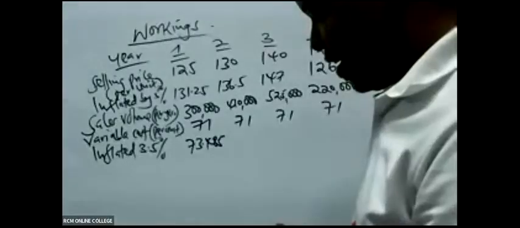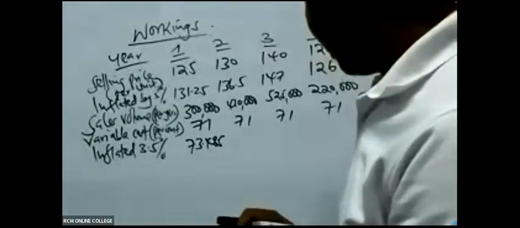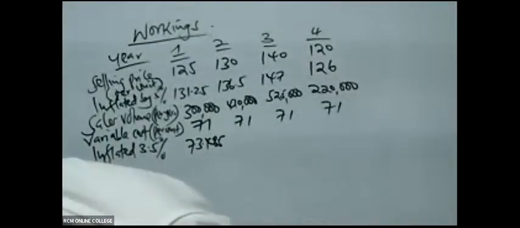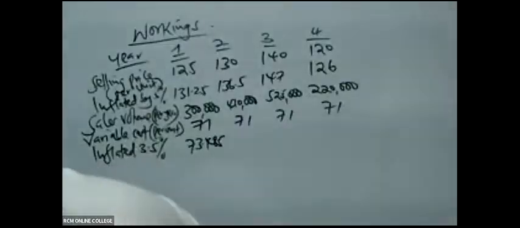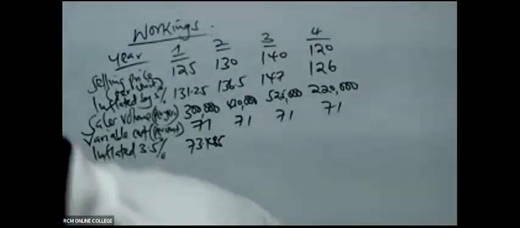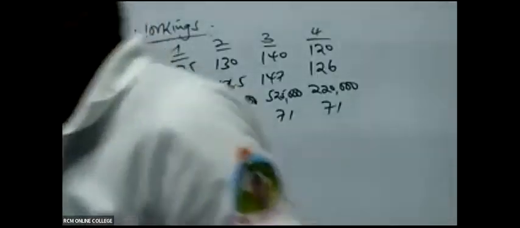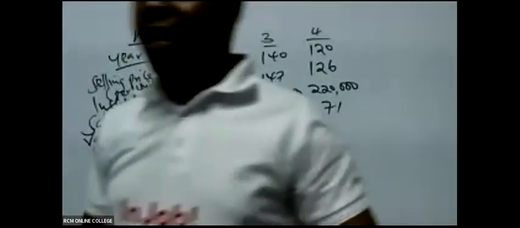Just a minute. We need to understand here. Raised to 3. 162. Exactly. Now, variable costs are subject to change. Let's do it together.